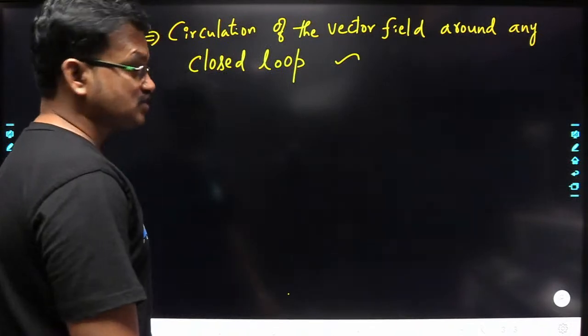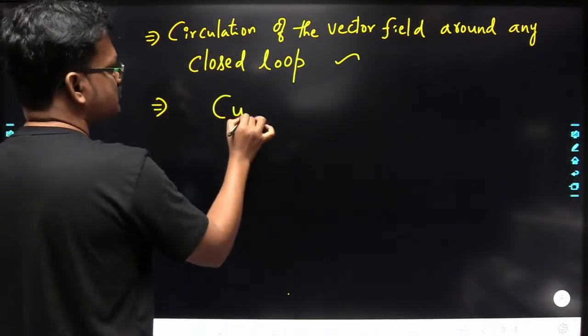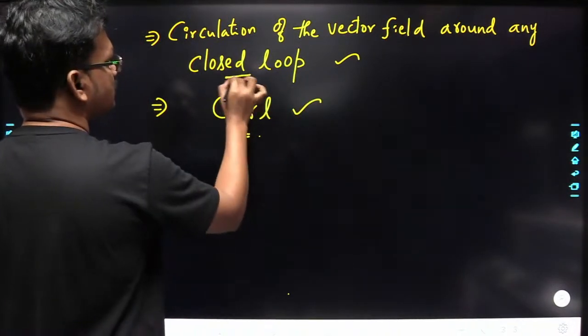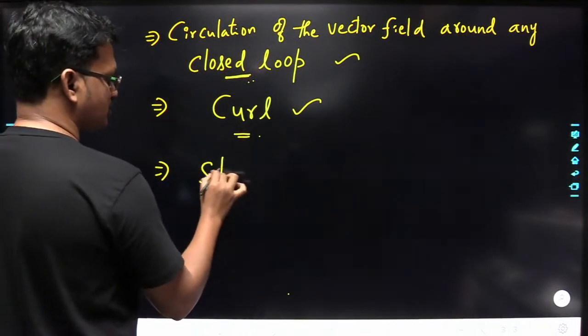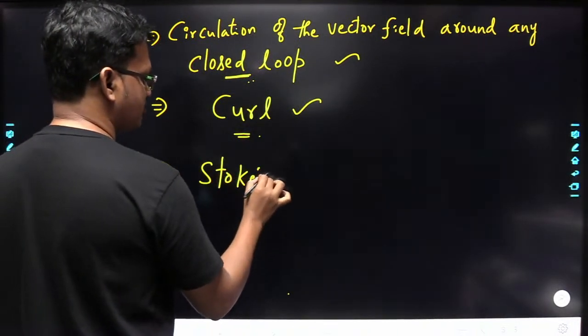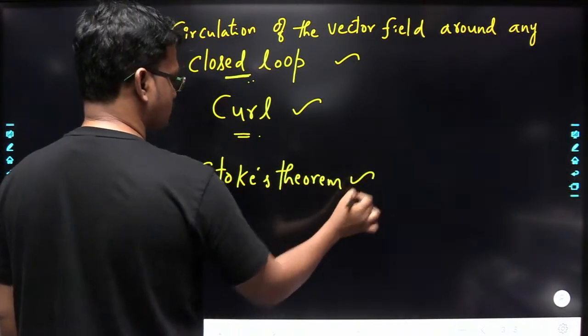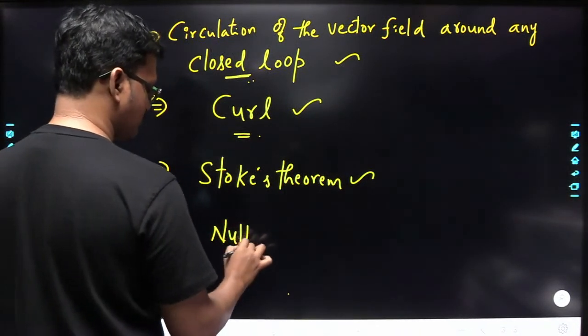Okay, we will study this one. Once we complete this, next we will go for curl here. Next we will go for curl, right? Once we complete curl, next we will go for Stokes theorem, and once we complete Stokes theorem, then we will go for null identities here.